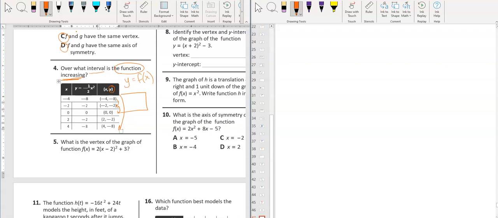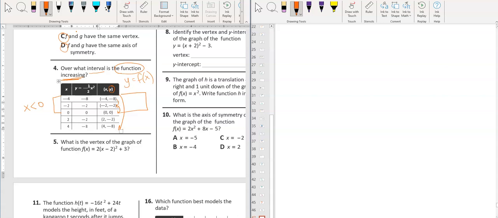Then we want to come over to the x side and say, cool, when x is, and then look at our numbers, -2 and -4, these are all less than 0. So when x is less than 0, y is increasing. And that's it. That's all it wants to know, is in what interval.